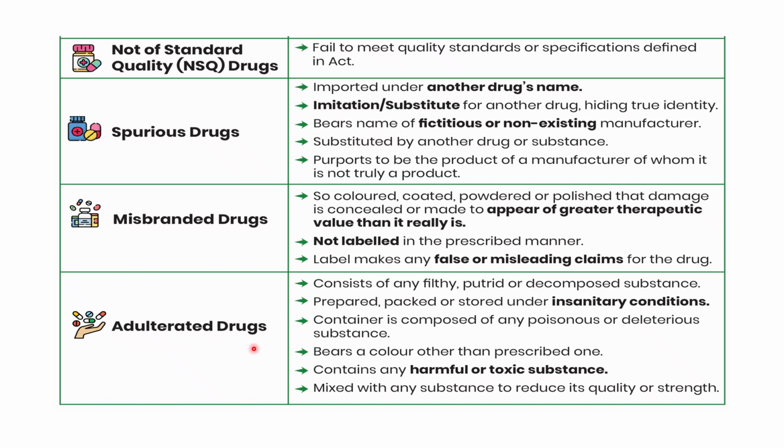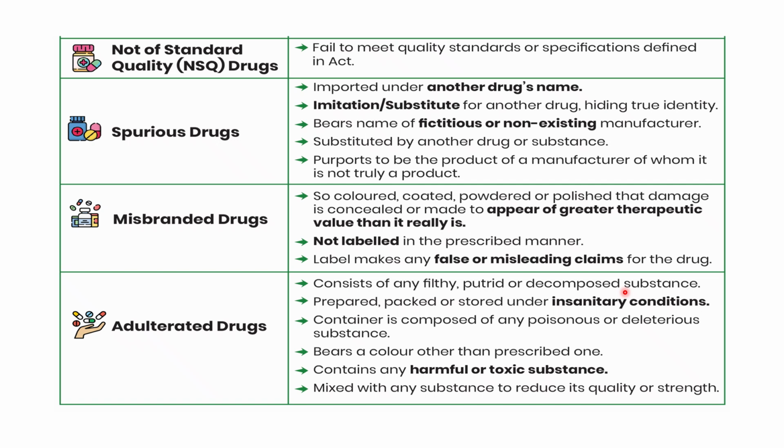Okay. So adulterated. It consists of filthy, coated and decomposed substance. So if we are mixing our main drug with some decomposed material or any toxic material, if we are substituting it or adding some part of our drug with that less quality material or toxic material or decomposed material.